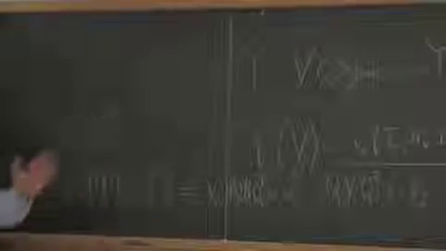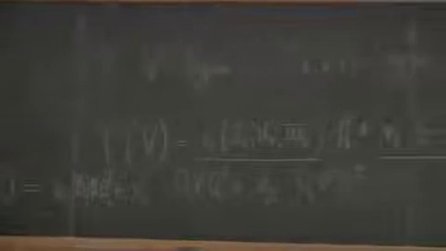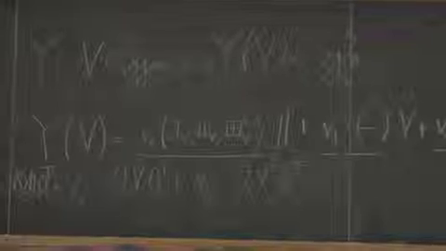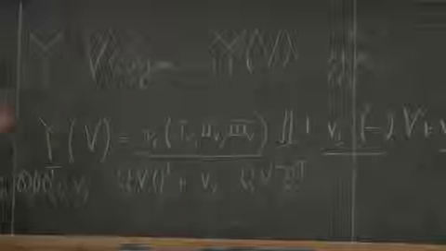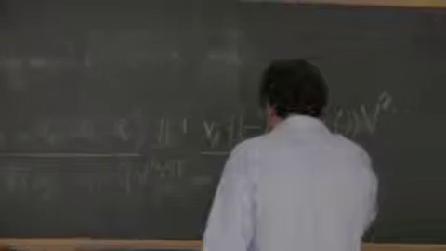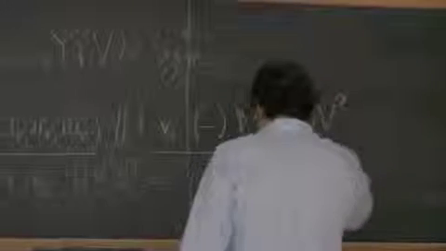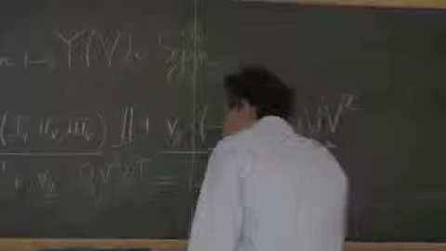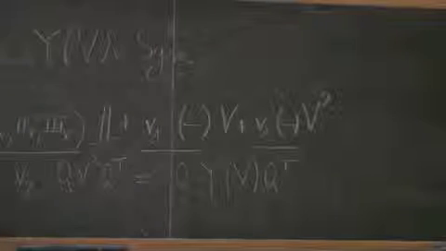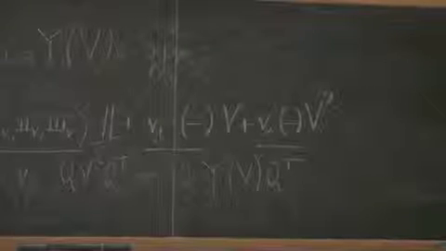Okay? Then I can factor left Q, right Q transposed, and I am left with Q Y of V Q transposed. So it is clear that this structure is a good one.